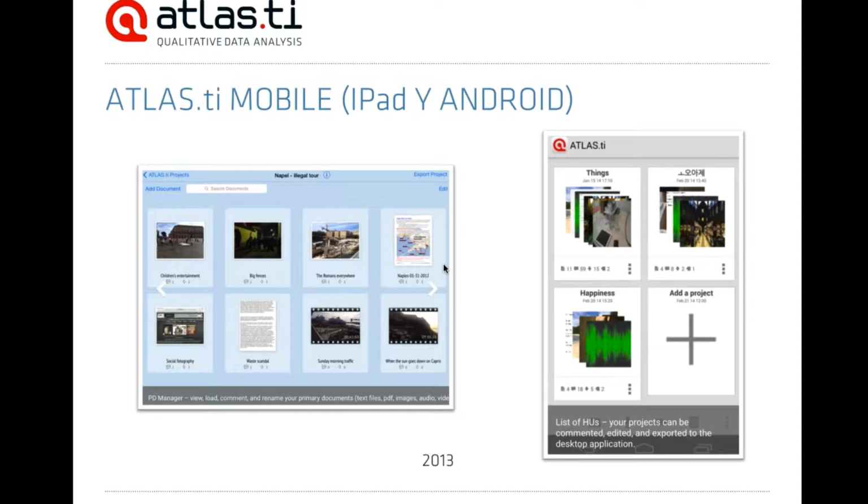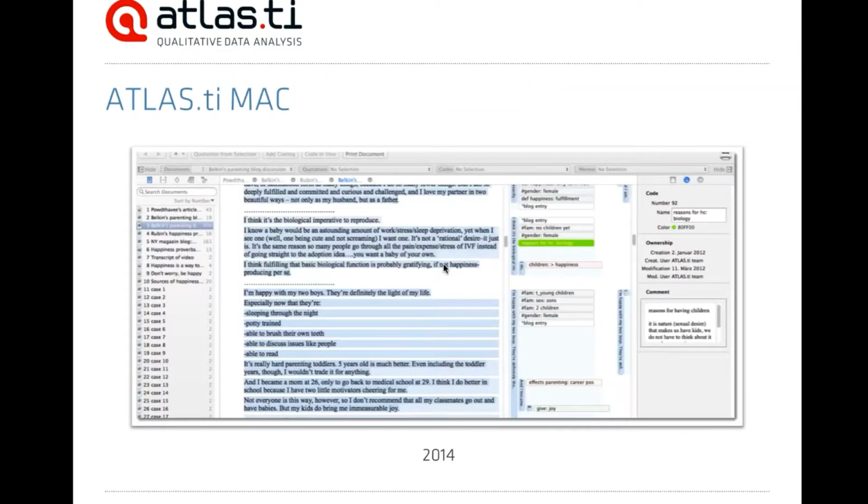Why? Because with my Android or my iPad, I can start collecting data. I can even record my interviews or take pictures if I'm working visually, for example, and then I can start coding. So if I'm traveling, I can take advantage of this free time and work on my data in my mobile version of ATLAS.ti.